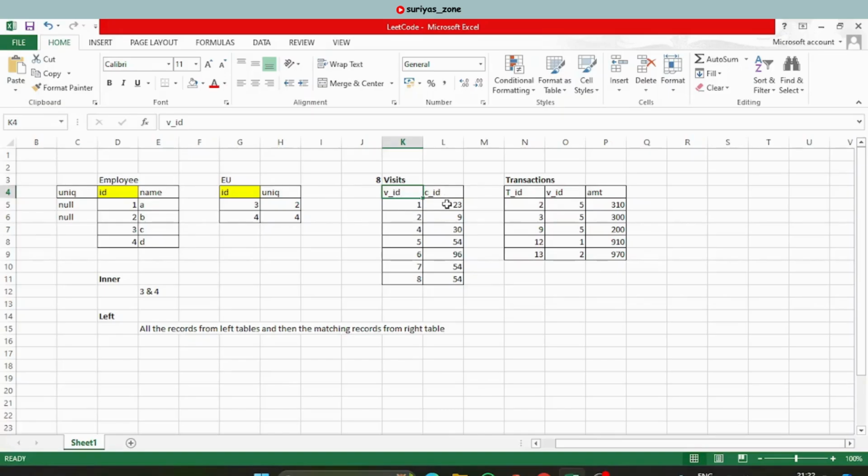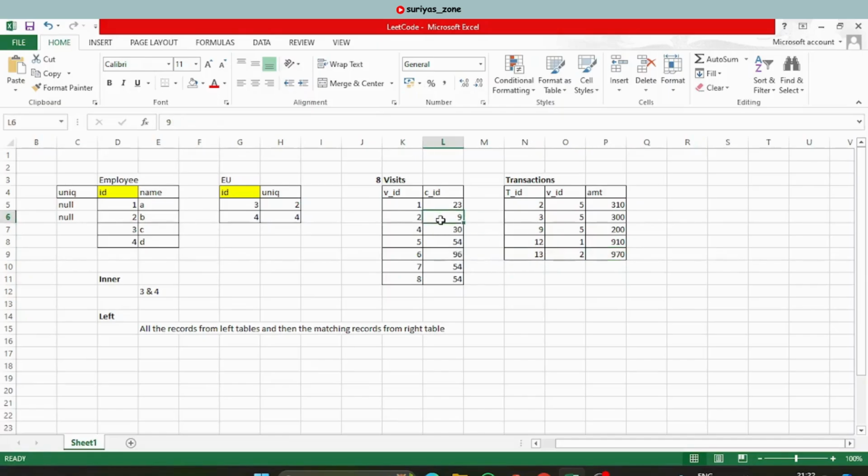Here, customer ID 23 visited one time, because I don't see 23 anywhere else in this table, and that visit was present in my transaction table, which means customer ID 23 had visited and also done a transaction. That transaction ID is 13, and he made a transaction of amount 970.